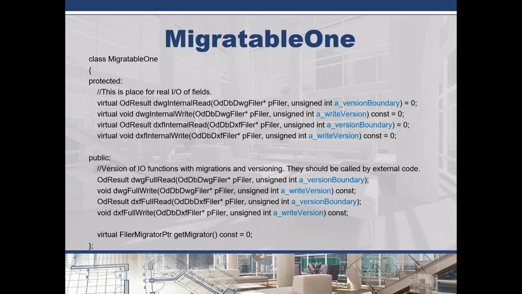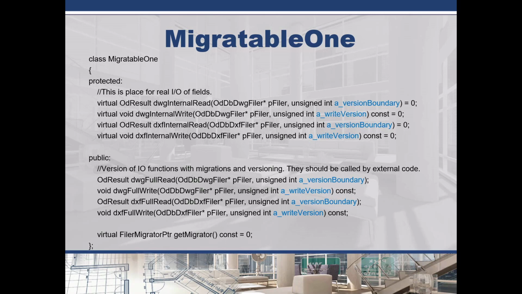All objects for input-output must inherit the MigratableOne class. To describe deployment, it asks to fill the last version fields in memory. Functions with the internal suffix must be overridden. In the code of these overrides, for reading nested members, functions with the full suffix must be used.